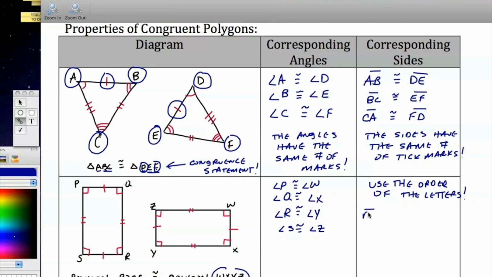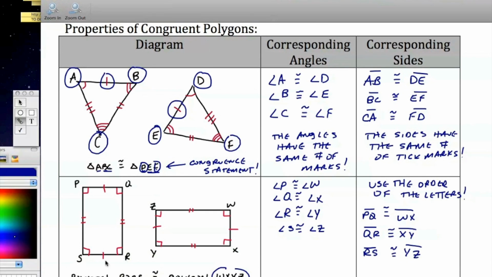So, PQ is going to be congruent to WX, and QR is going to be congruent to XY, and RS is going to be congruent to, last two letters, YZ.